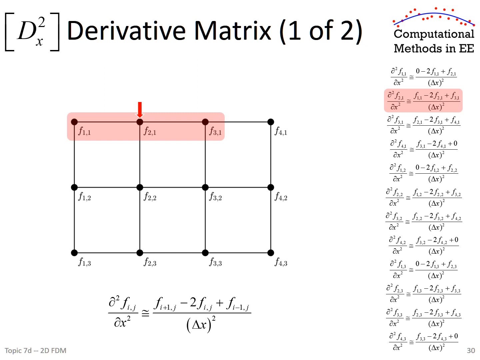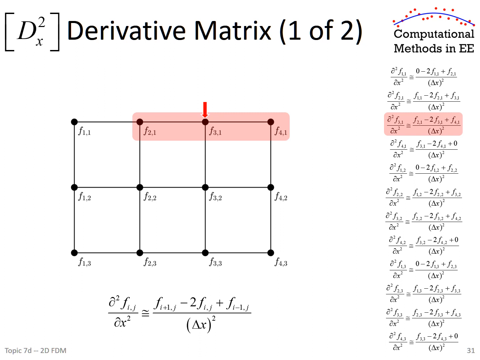So we move to the next point. And we're evaluating the finite difference at point f21. So we call this the equation for point f21. And so it's f11 minus 2f21 plus f31, all divided by delta x squared. No problems because there was no boundary conditions we had to sort out. We move on to the next point. f21 minus 2 times f31 plus f41 divided by delta x squared.